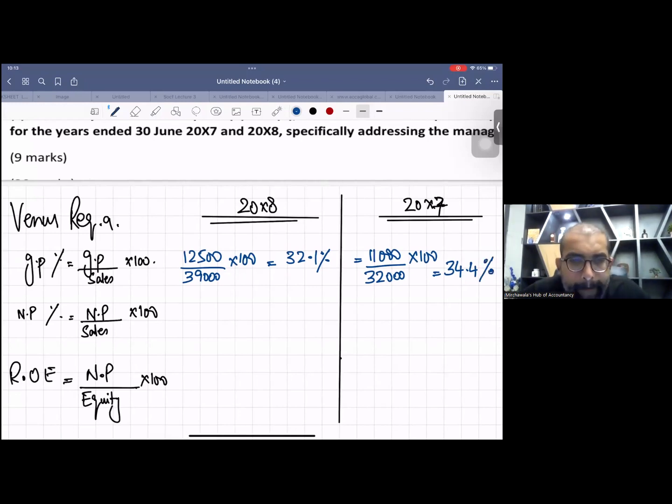Okay. Now, what is net profit margin? Net profit is after deducting all expenses, the final net profit. So net profit was 9,800. Sales is 39,000. It's going to be 25.1%.